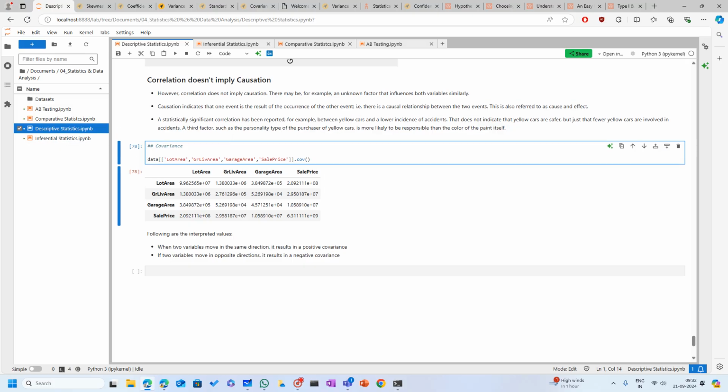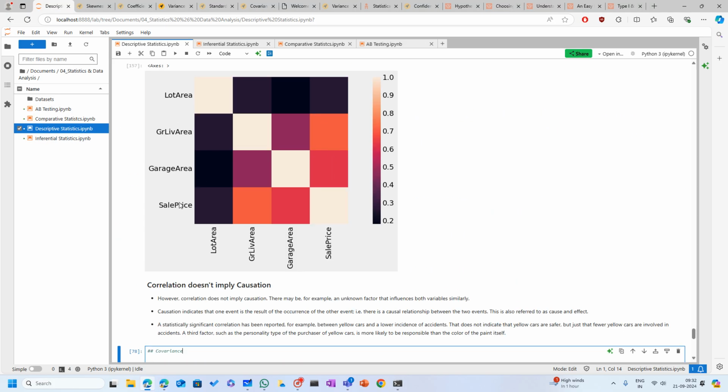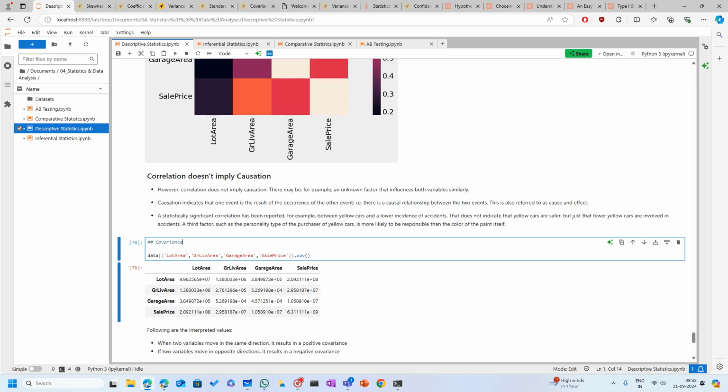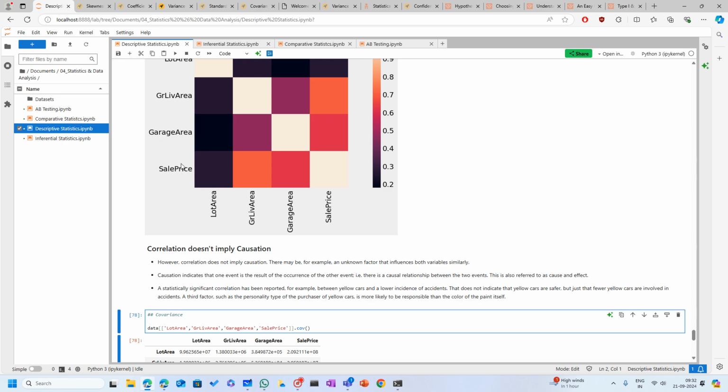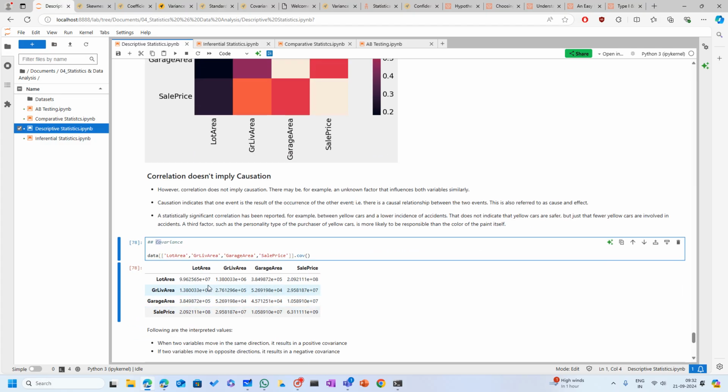Up until this point we talked about a single variable affecting the sale price. Now covariance. We talked about the spread of the data for one single variable or one single feature. Covariance means you're taking into account multiple features and trying to calculate how well your features show the spread of the data.